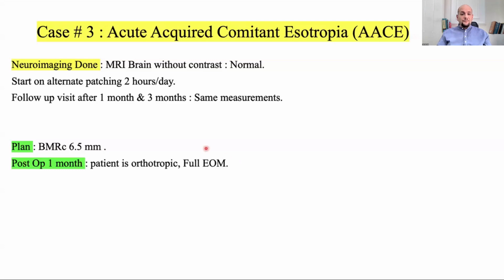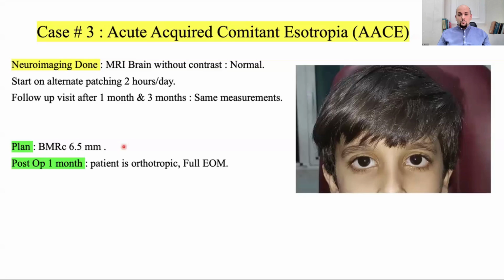And here you can figure out that the amount of medial rectus recession for 45 prism diopter is a little bit more than the numbers that we are using for infantile esotropia. And that's true. In cases of acute acquired comitant esotropia, you need to add around 0.5 millimeter to the normal amount of recession for other cases. Post-op 1 month, patient is orthotropic.